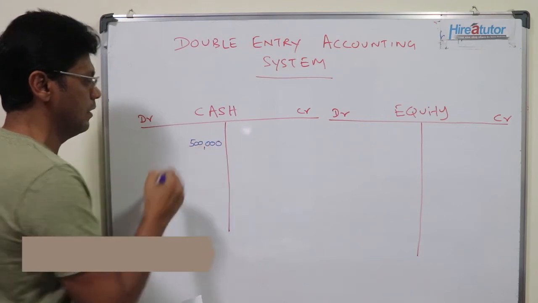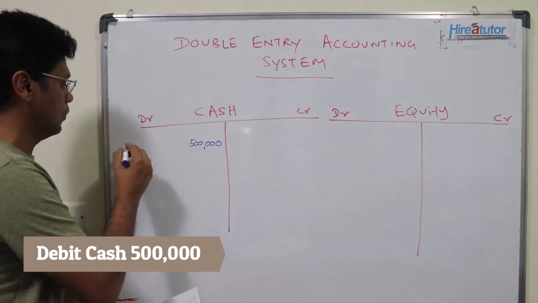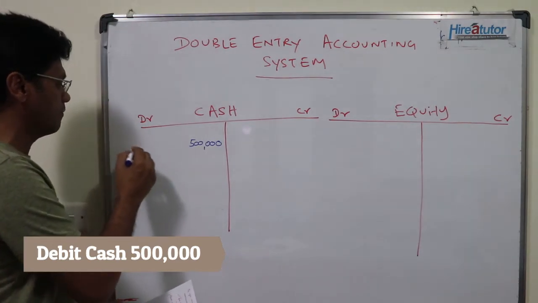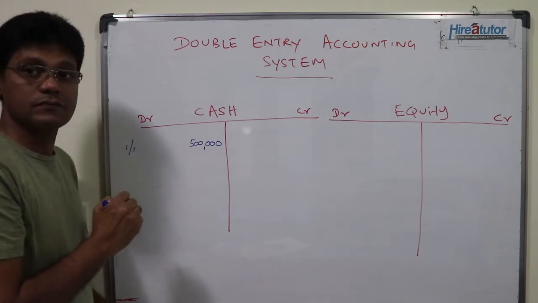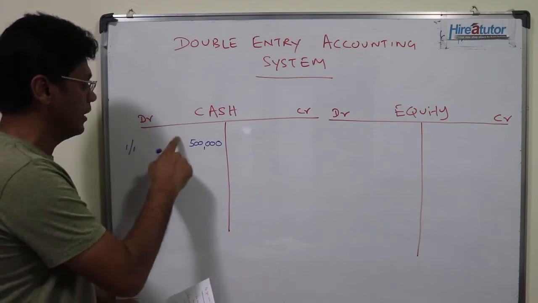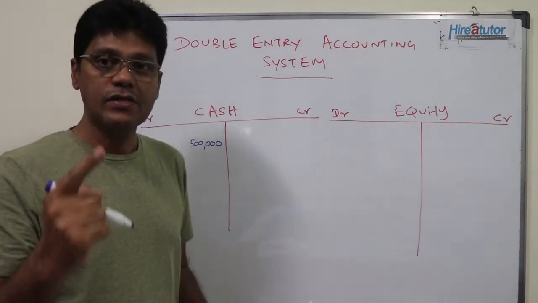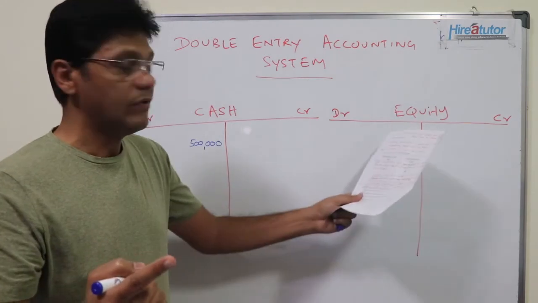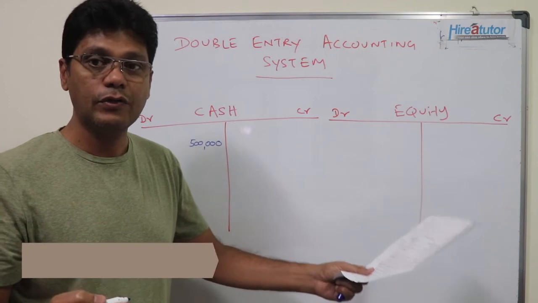500,000, and you should give the reference to the other account. So you need to put the date here. You need to put the date, let's say 1st January, and the reference account name should be given. So since the amount has been invested by the owner, so the equity account should be credited. So why you need to credit?